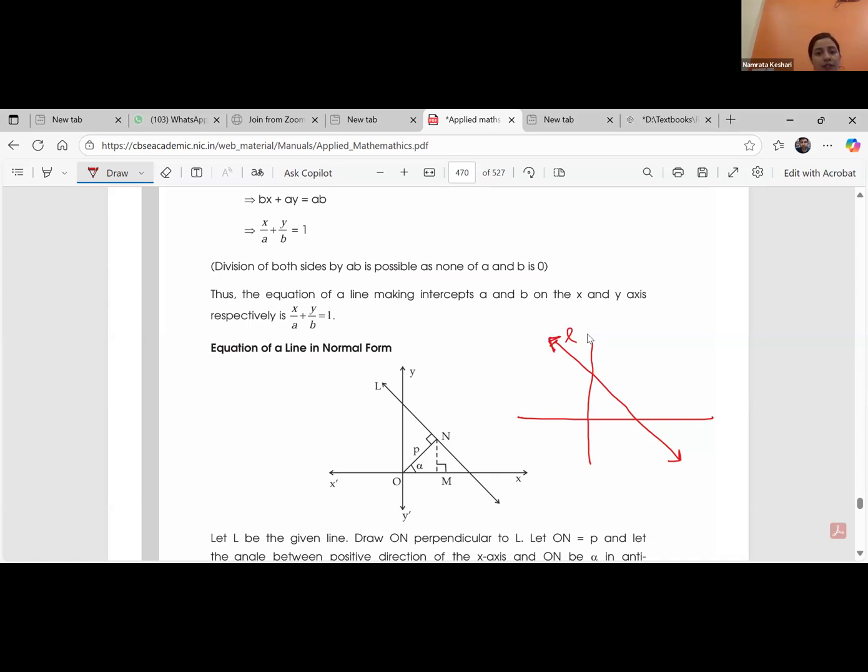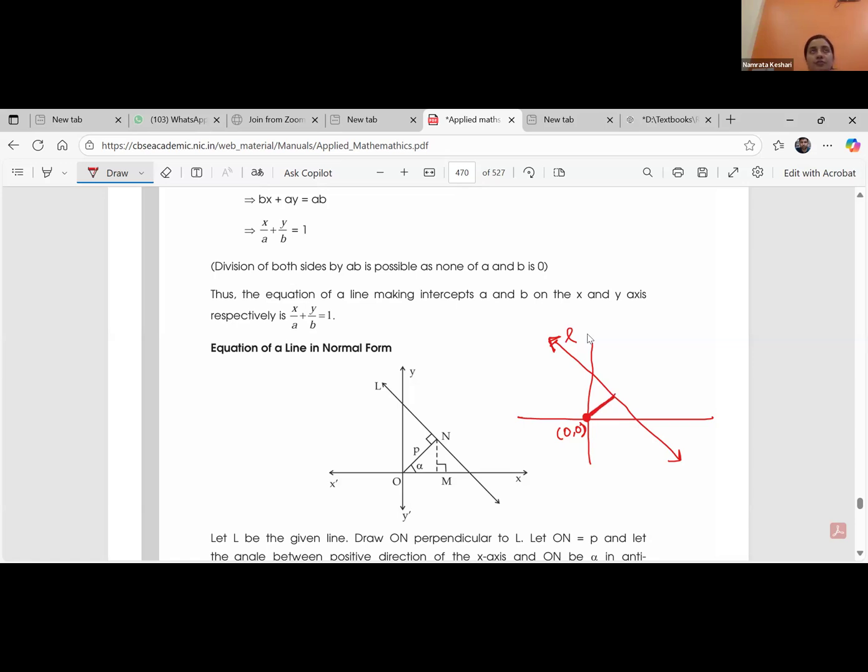You know the perpendicular distance from the origin. The distance of this line from the origin will be given as a perpendicular, and this perpendicular distance is given.